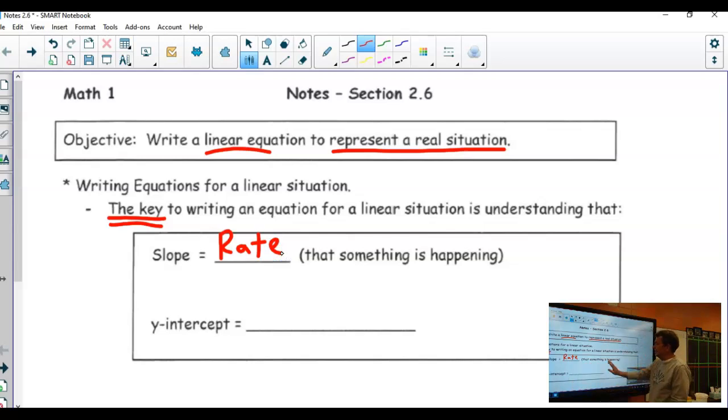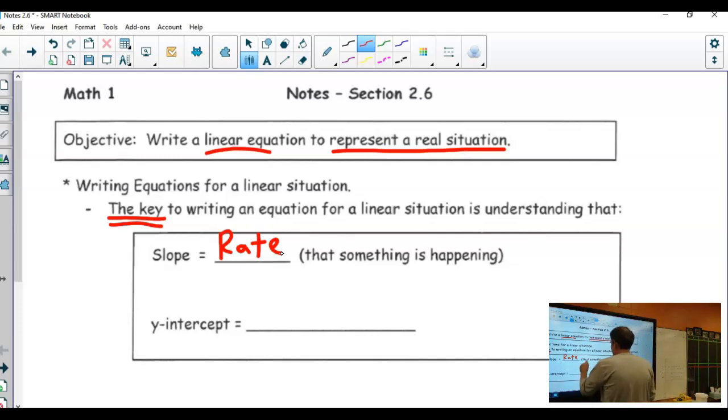All right? It's the rate that something is happening. It's how fast something is growing, whether that's a person, a tree, or a bank account. Or it is the rate that something is dropping, like the stock market, or a body of water.